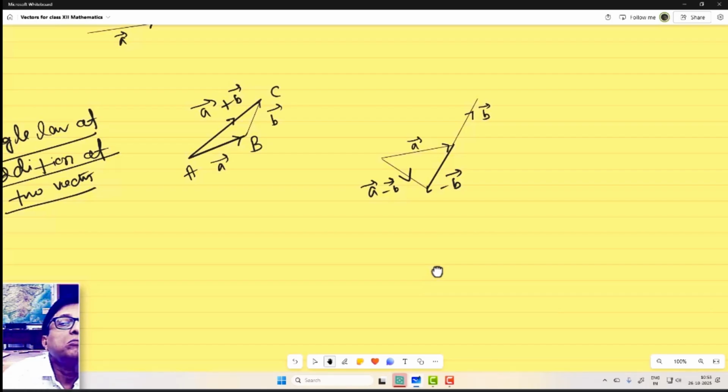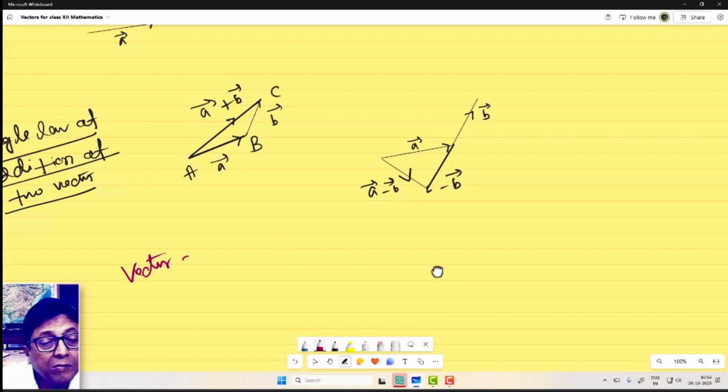Now, a very important concept we learn here: addition is commutative, but subtraction is not commutative. See how? Vector addition is commutative. So the concept we have learned, I am going to apply here.